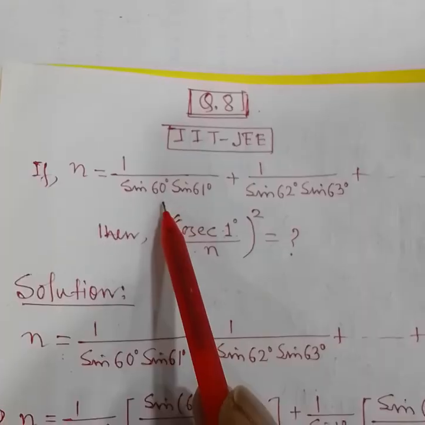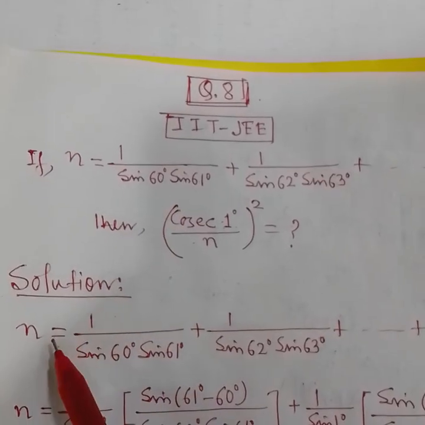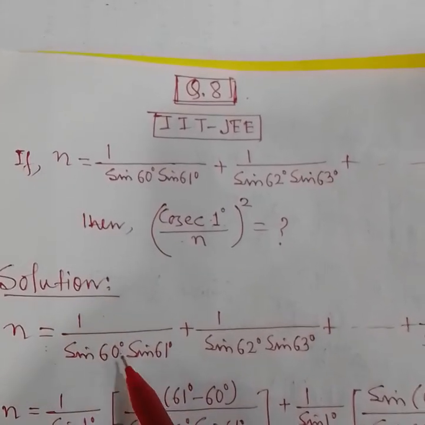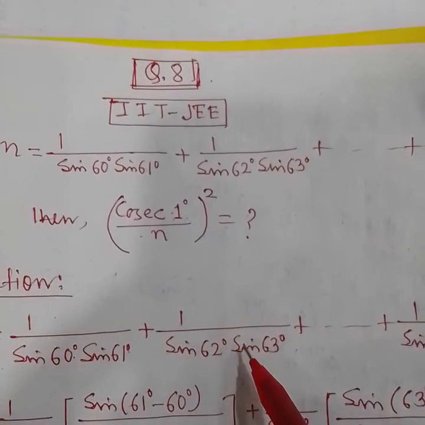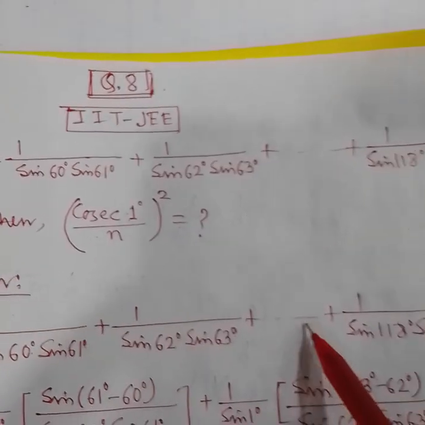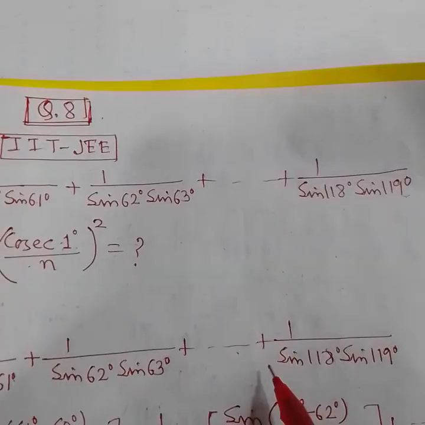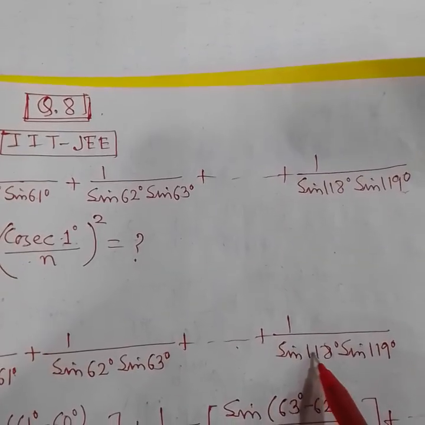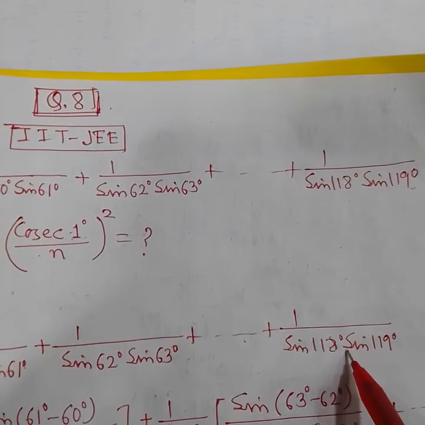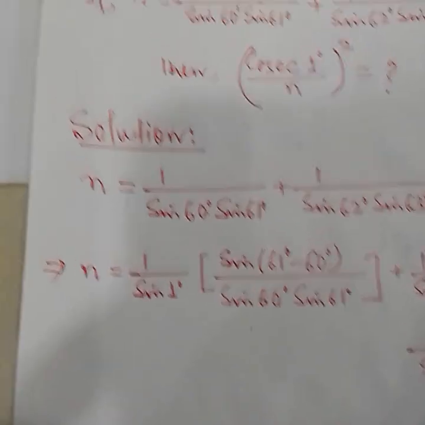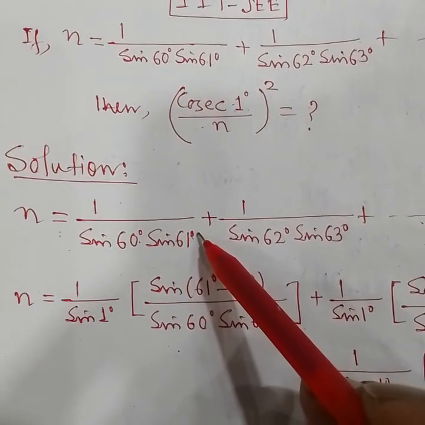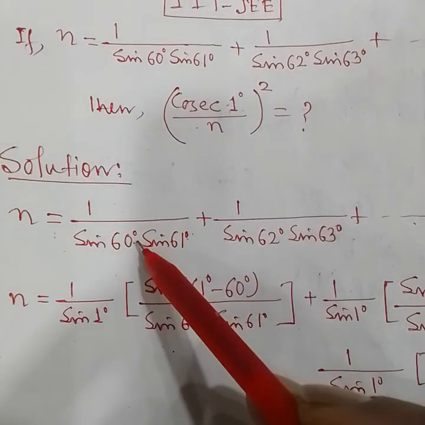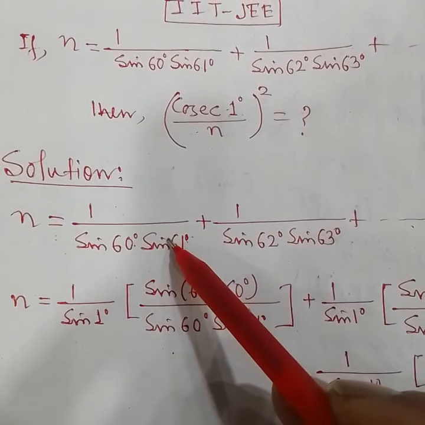Now, writing the given problem once again, we write n equals 1 by sine 60 degree sine 61 degree plus 1 by sine 62 degree into sine 63 degree plus dot up to 1 upon sine 118 degree into sine 119 degree. Now look here, if we subtract 60 degree from 61 degree, we get 1 degree.